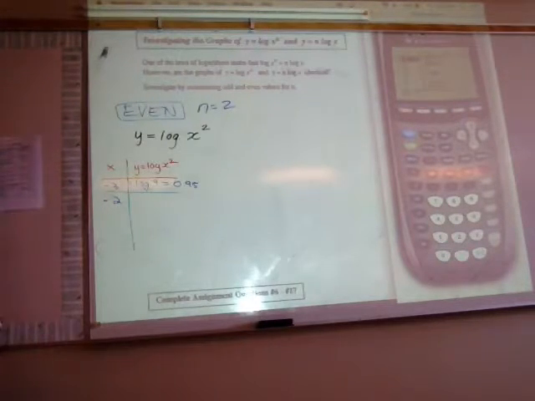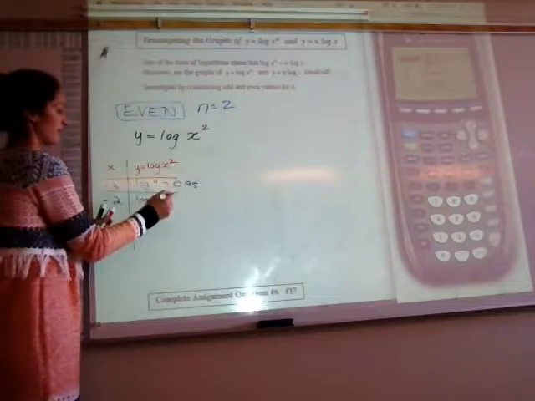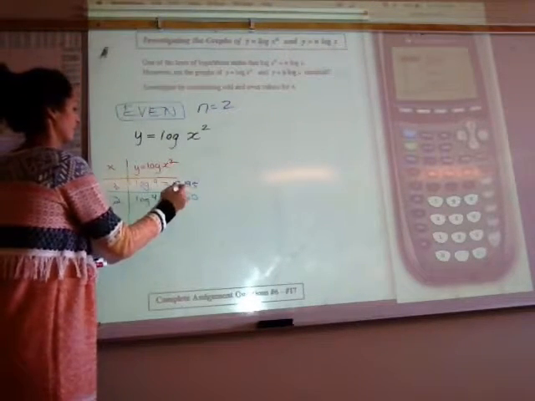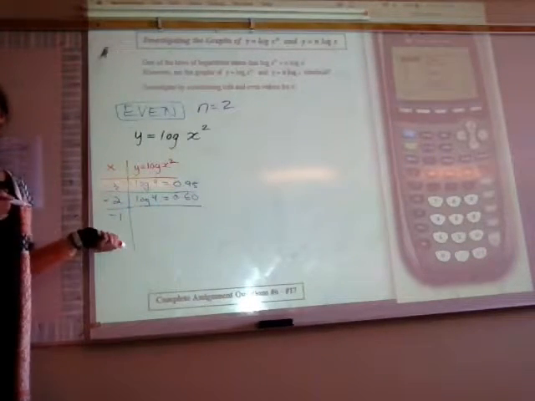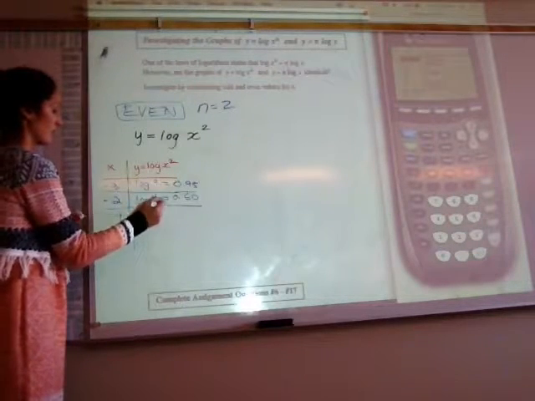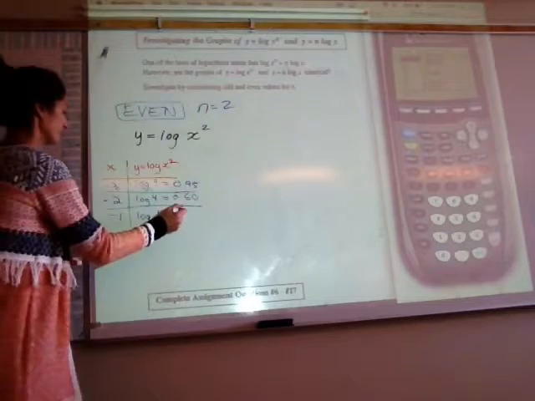When we plug in negative 2, squared is 4, so we get log 4. That equals 0.60. When we sub in negative 1, again, squaring a negative number gives us positive, so that's like evaluating log 1. And we get 0.